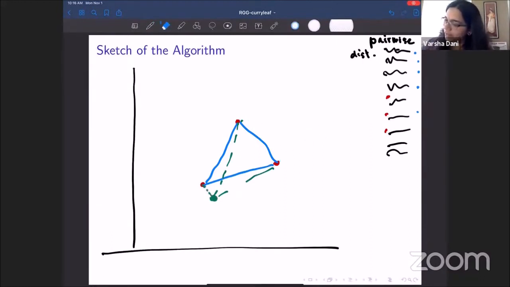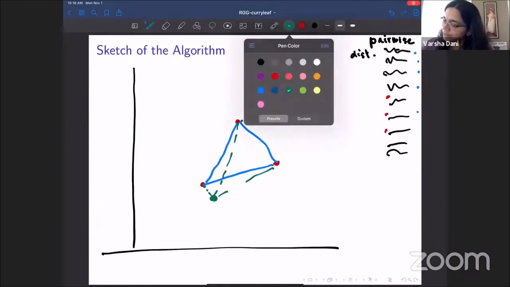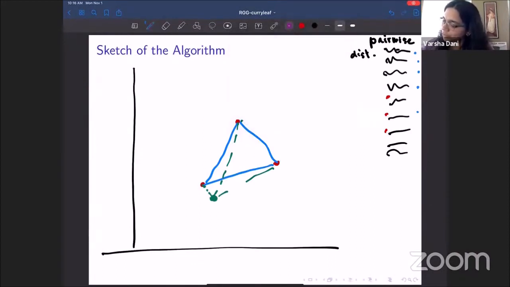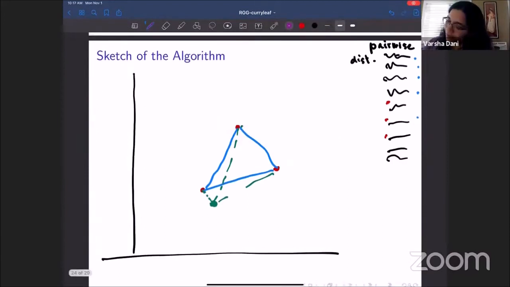Similarly, I have another point I want to place, and I know its distances from these 3 things. So maybe it gets placed there.